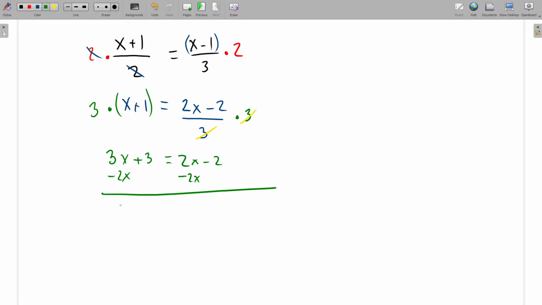Well, 3 minus 2 is 1x, plus 3 is equal to negative 2. And then moving the 3 across the equals by subtracting it, leaving us with x equals negative 5.